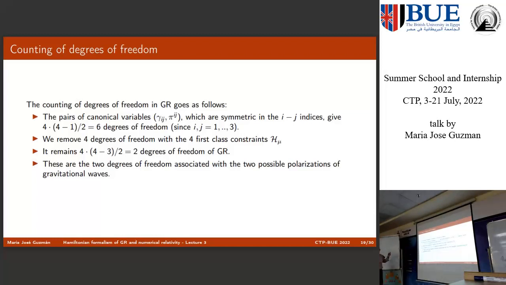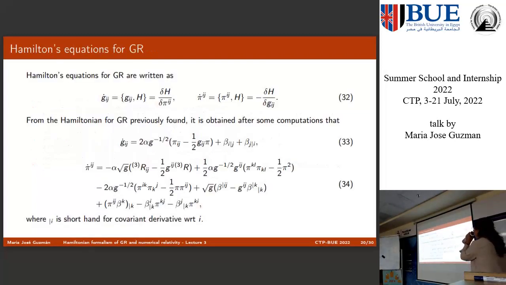C mu means C0 and Ci. I get finally 2 degrees of freedom of general relativity, which are related with the polarization of gravitational waves. Remember, I also got 2 for electromagnetism, which are related with the polarization of another field, the electromagnetic field. There are different fields, and that's it.